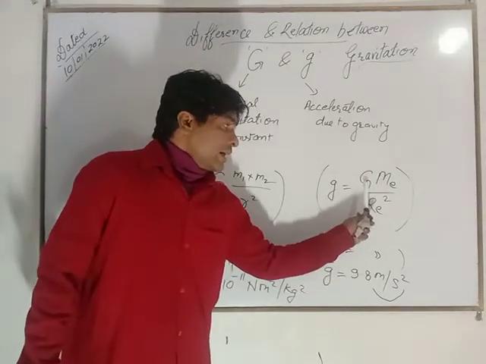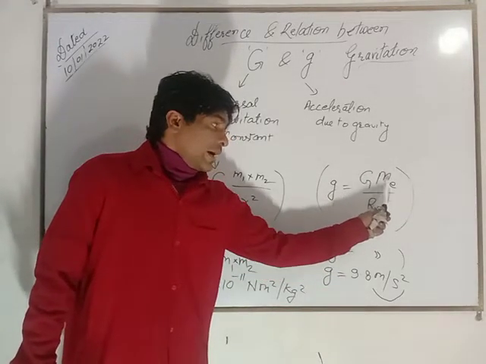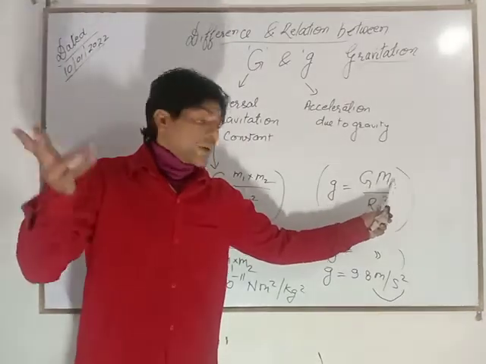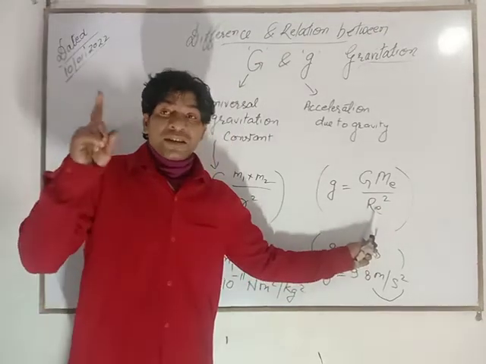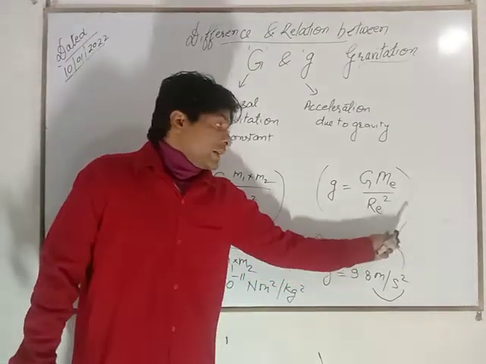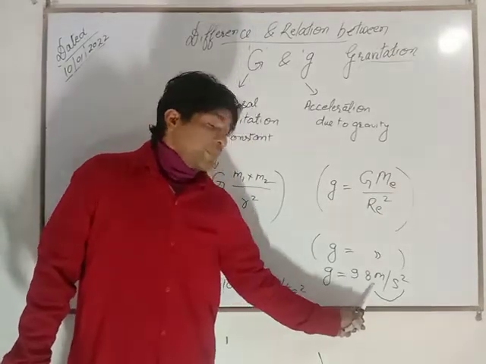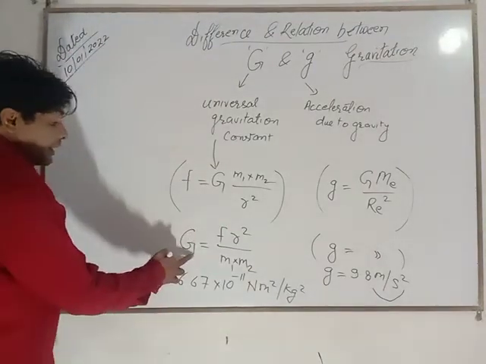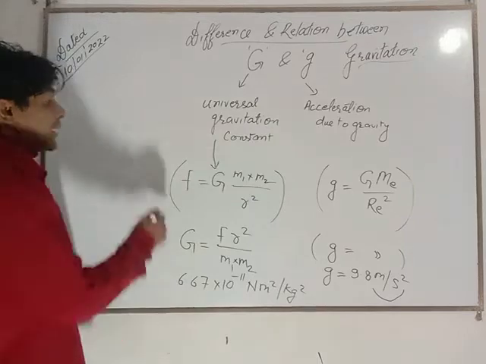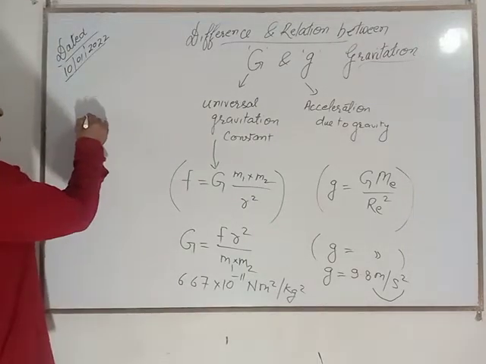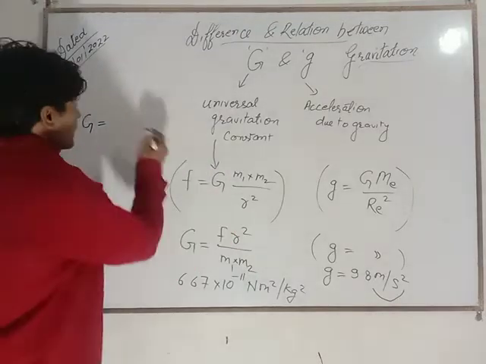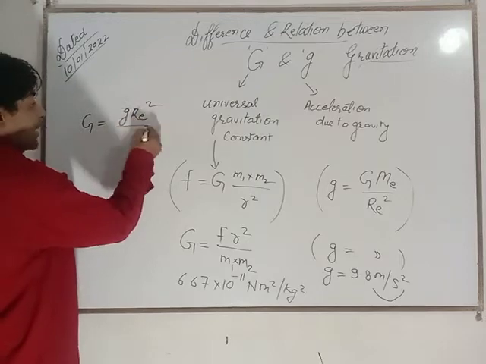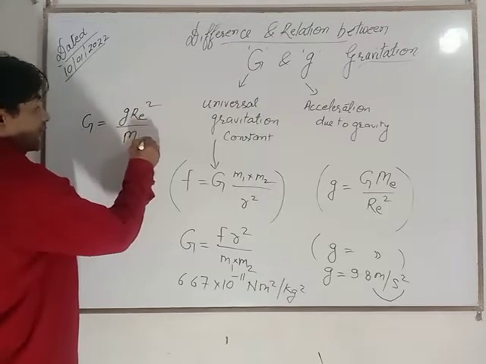Clearly you are seeing here, putting the value of capital G, and the mass of the earth, that is 6 into 10 to power 24 kg, and the radius, 6.4 into 10 power 6 meter, then putting these values you can evaluate 9.8 meter per second square. Now see, the G value you can take from there: G is equal to small g r square upon mass of the earth.